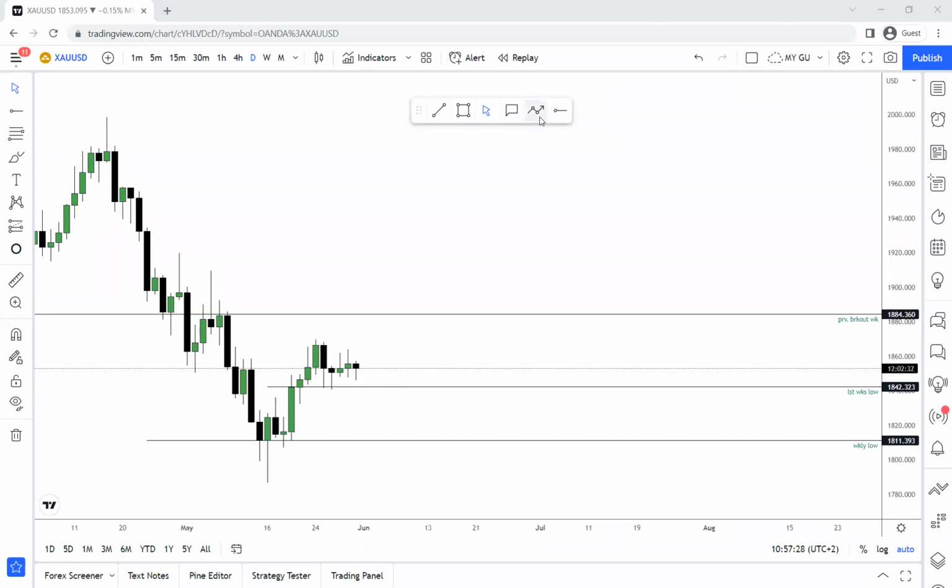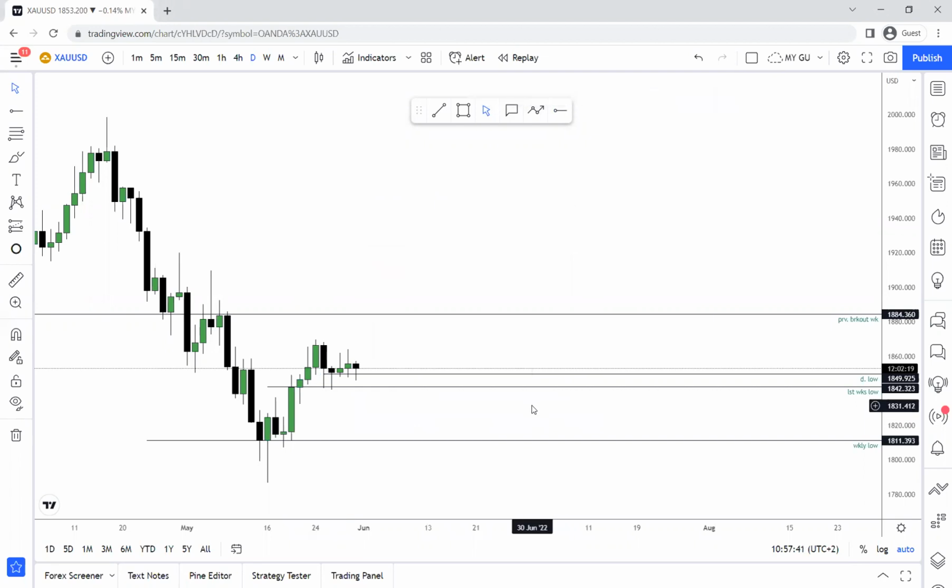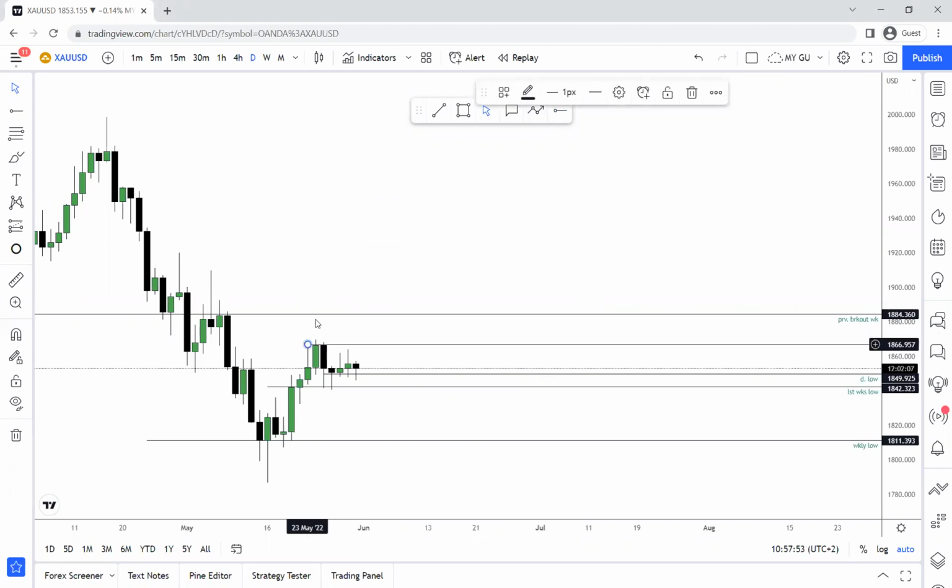Let's highlight the low. Price has created a daily low right there. And then we also have a high that price is rejecting, which is this one, right?